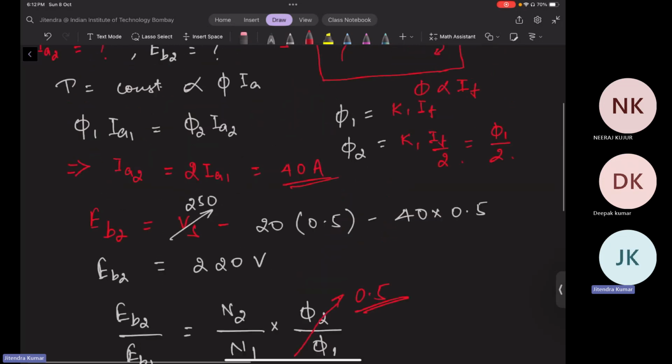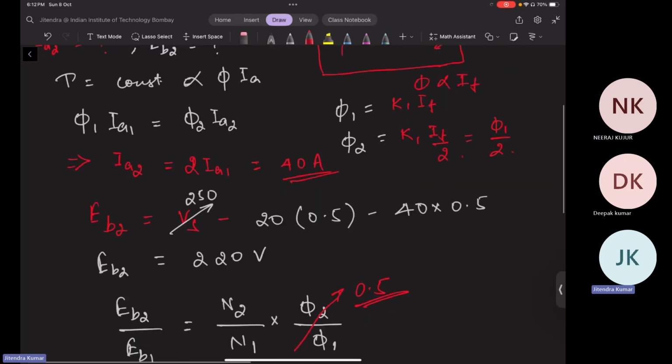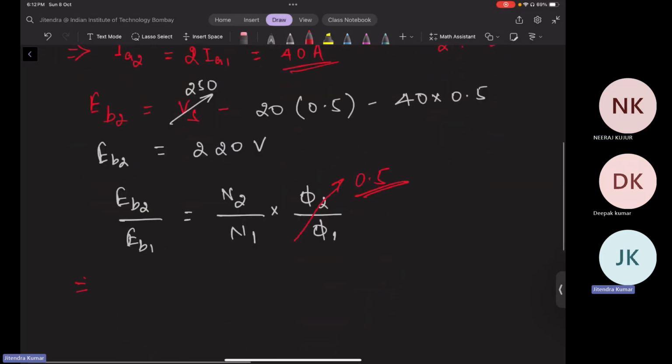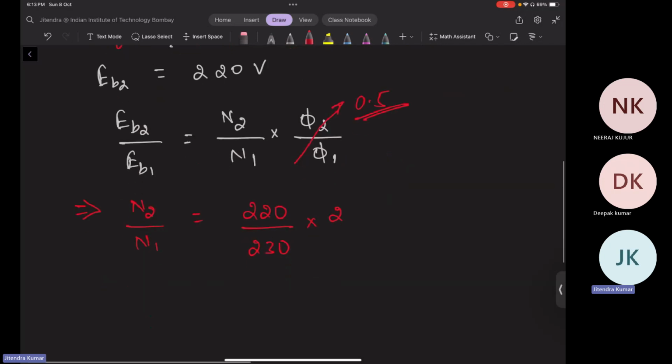So N2 by N1 is equal to EB2 by EB1. EB2 is 220, EB1 was 230, and divided by 0.5.